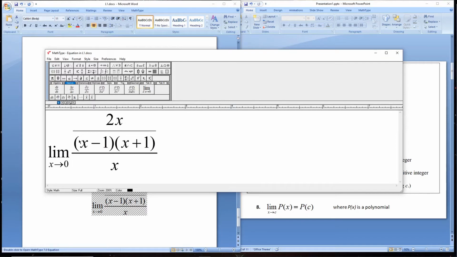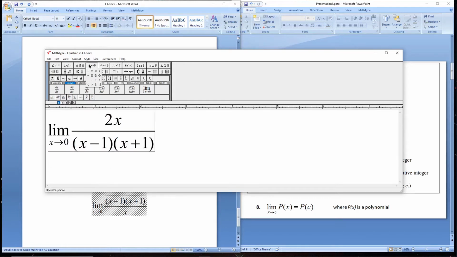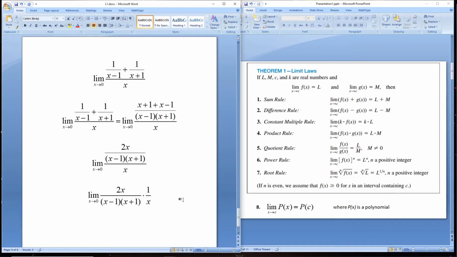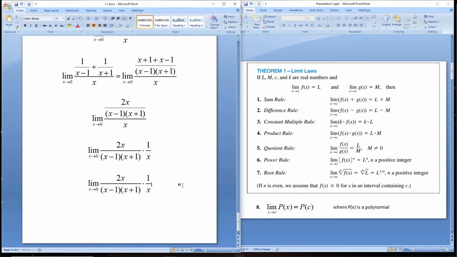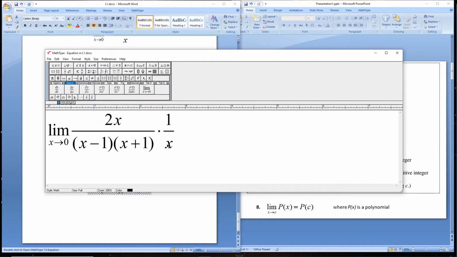So instead of division by x, I'm going to multiply by the reciprocal. And now, hopefully, it's a little bit clearer to see that these x's will cancel. And that's just 1 over 1, which is just 1.